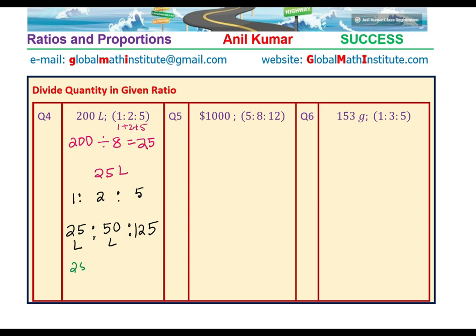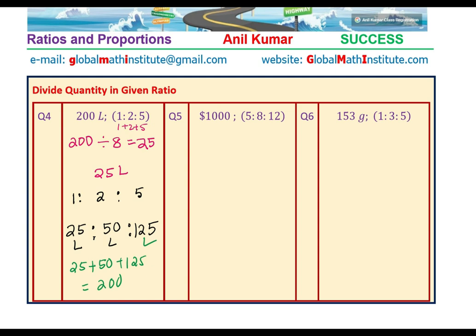You can always check what is 25 plus 50 plus 125. You'll definitely get 200, right? Makes sense? So all the units should be included. 200 liters is divided in the ratio of 1 is to 2 is to 5. What you get is 25 liters, 50 liters, and 125 liters.